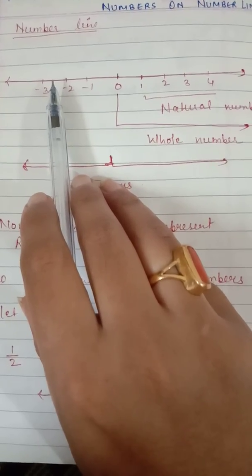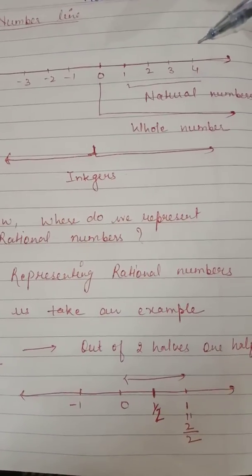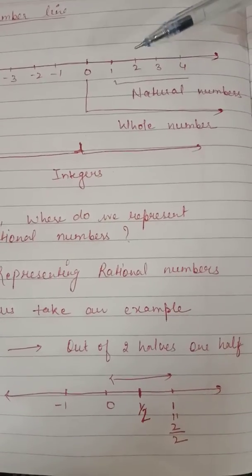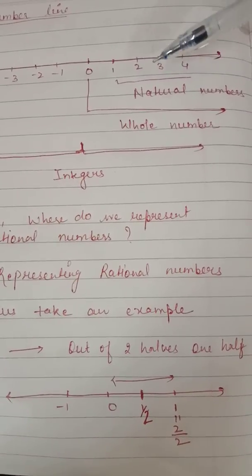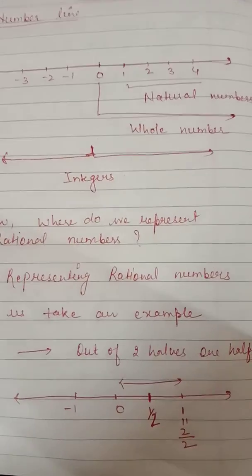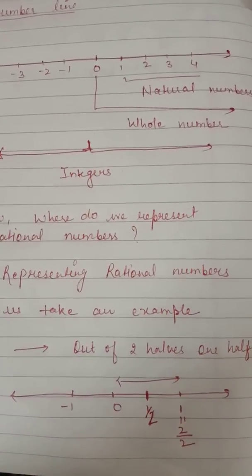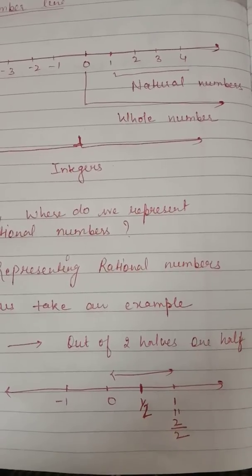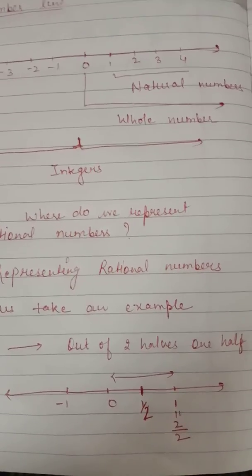So can I say that natural numbers are located on the number line? So the answer of this question is yes. आप देख सकते हो 1, 2, 3, 4. So we can represent natural numbers on the number line. Similarly, if I talk about the whole numbers, can I represent the whole numbers on the number line?